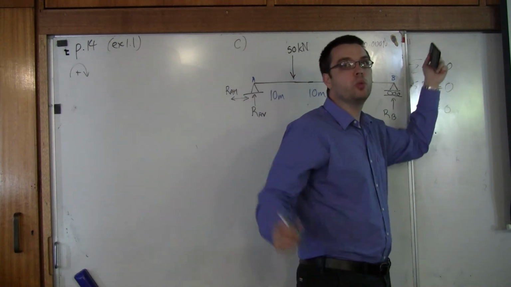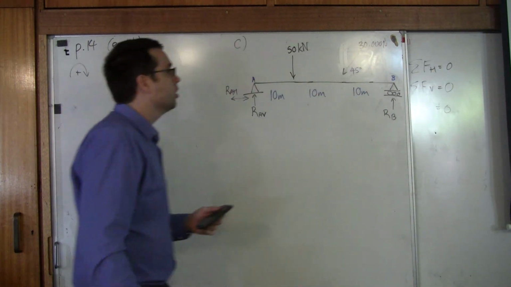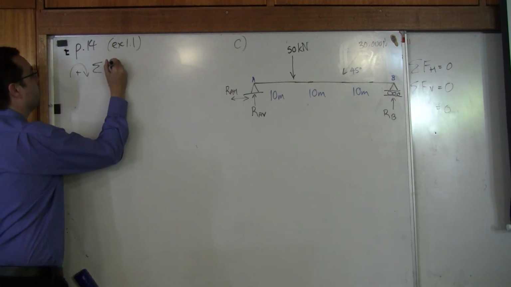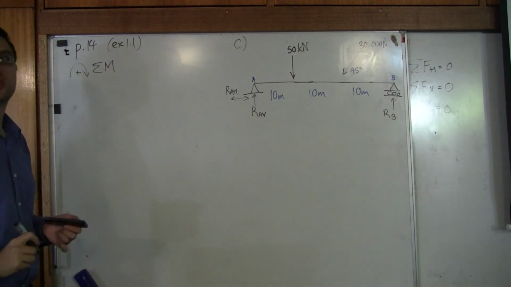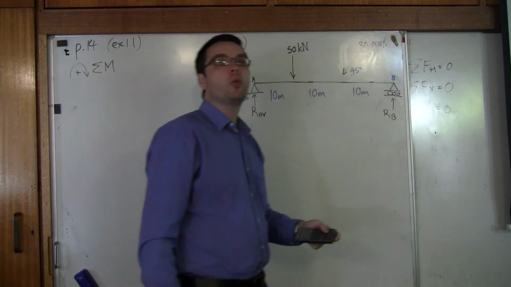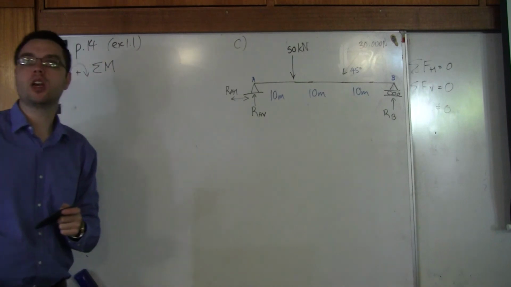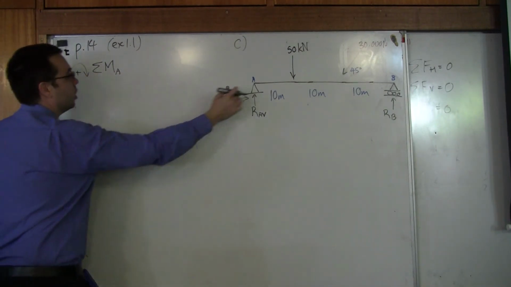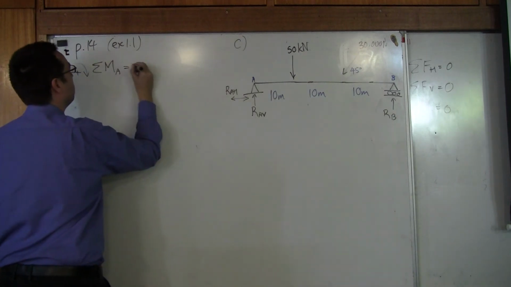Here we have an unknown, we can't figure that one out. So we're going to use the sum of the moments. Now, which location do we want to take our moments from? We could go from here, or here, or here, or here. But which one is the most useful place? From A. If we do that, we can ignore all of this business.